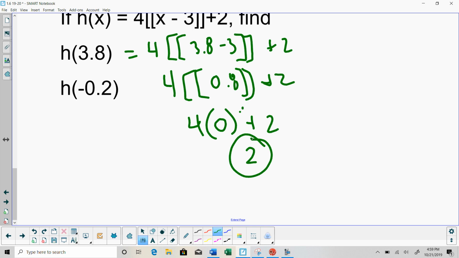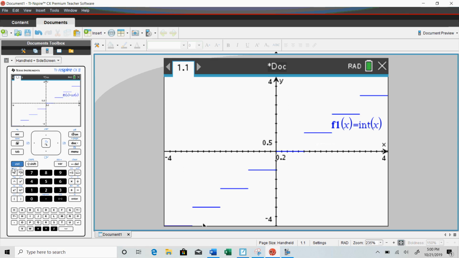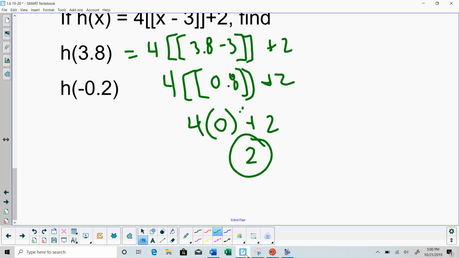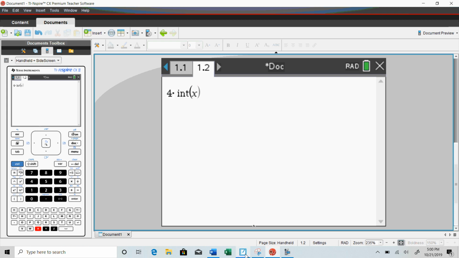Let's check that on our calculator. I'm going to add a calculator page. I want 4 times the greatest integer, so again I'm going to use int of x minus 3, and then outside of that greatest integer, plus 2.